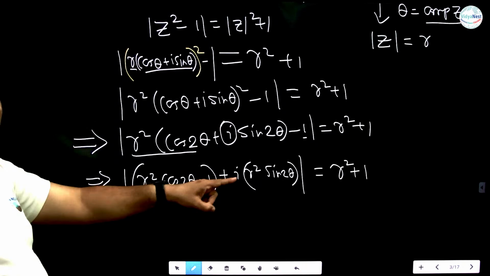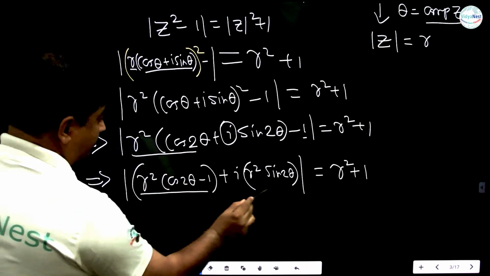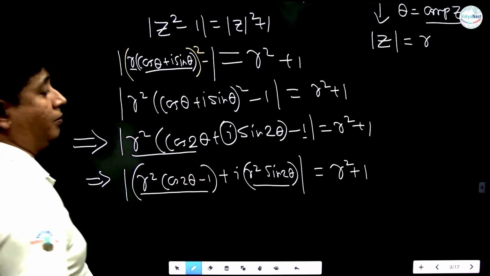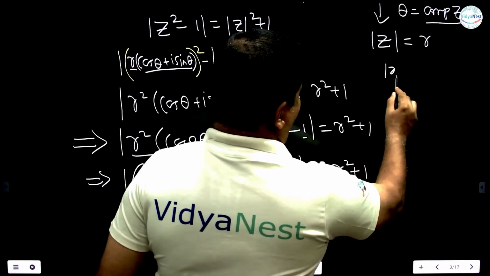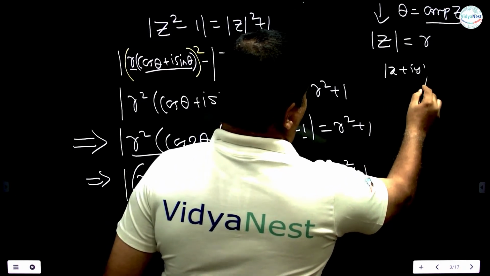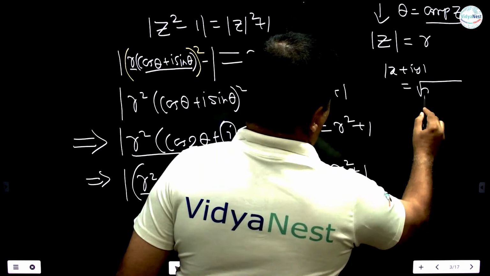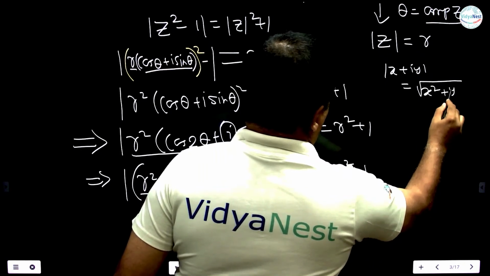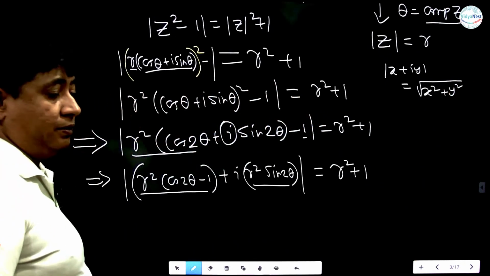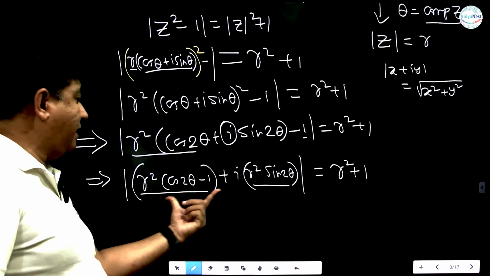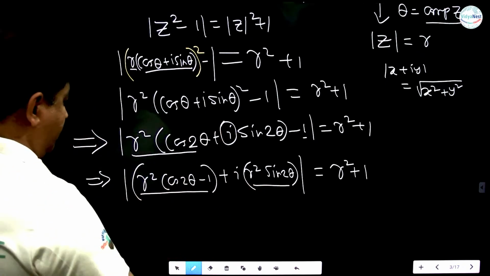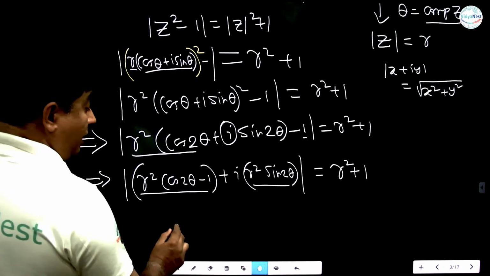Now that has become x plus iy form, and you are very much aware that the modulus of x plus iy is nothing but root over of x square plus y square. So this is x, this is y. So you do that.